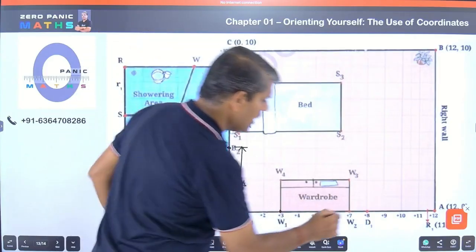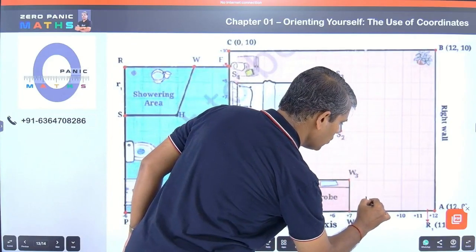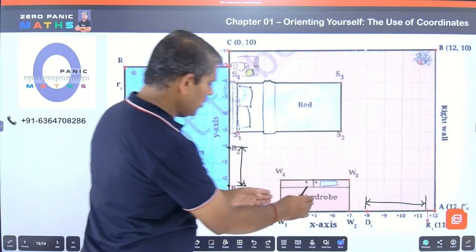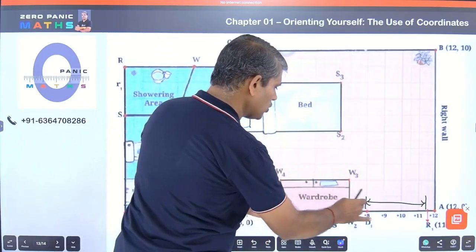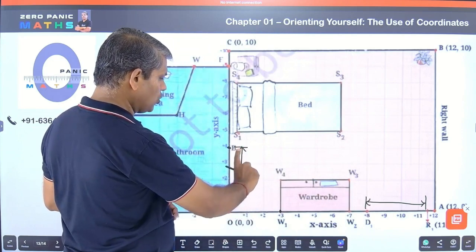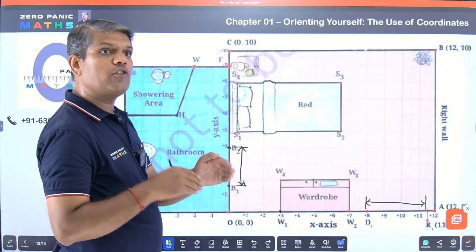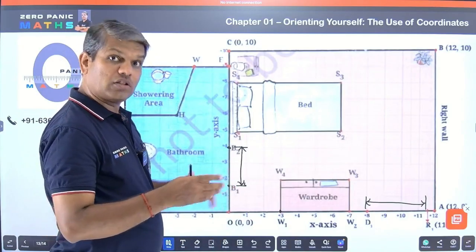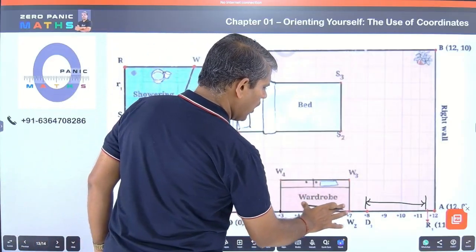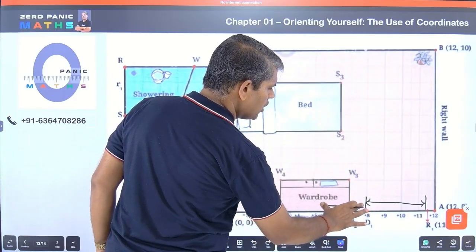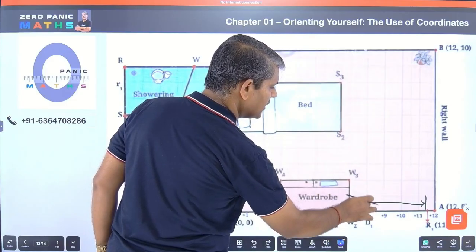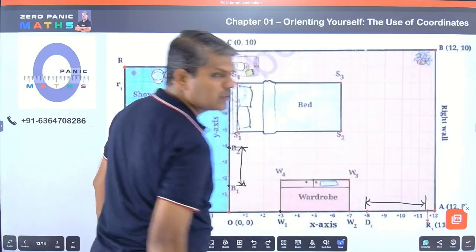Even if you push the wardrobe a little bit towards the right side, for a door wider than 2.5, suppose 3 or 3.5, then only 1 foot can be moved towards the right-hand side, because after 1 foot there will be a door.